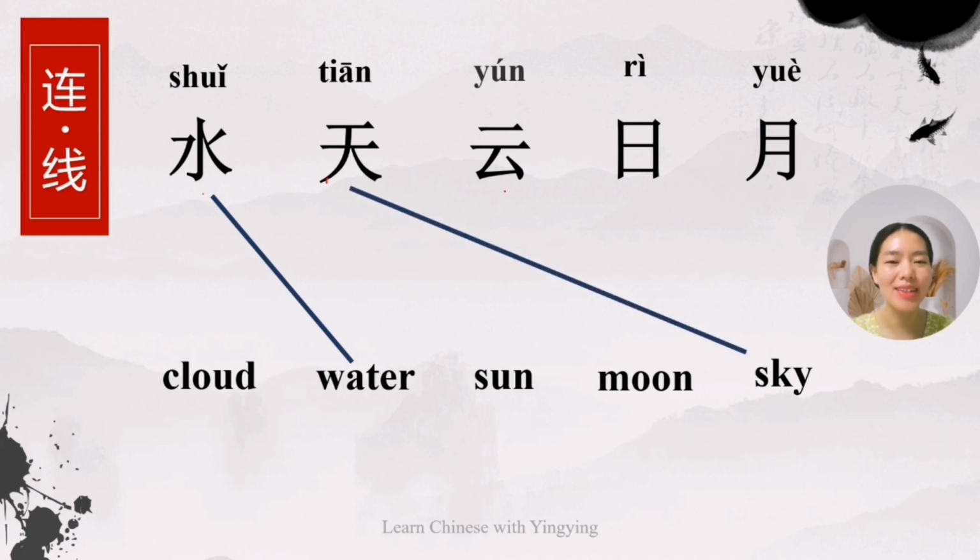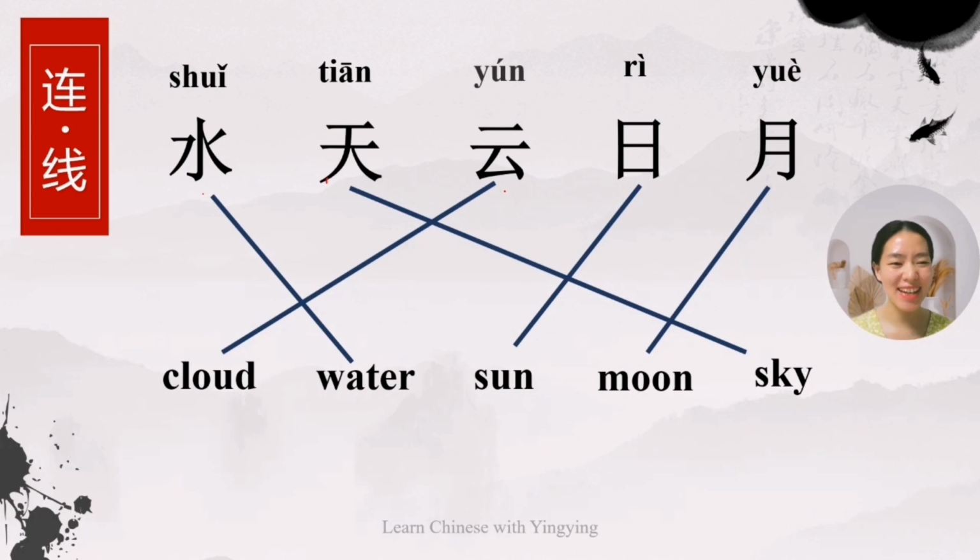The third one, 云. 云, it means cloud. The fourth one, 日. 日, it means sun. The last one, sorry, 月. 月, it means moon.